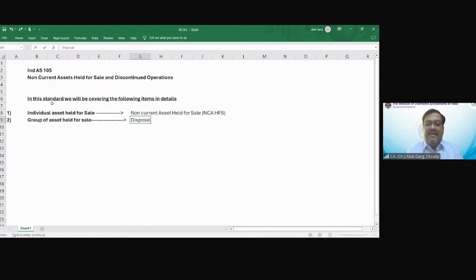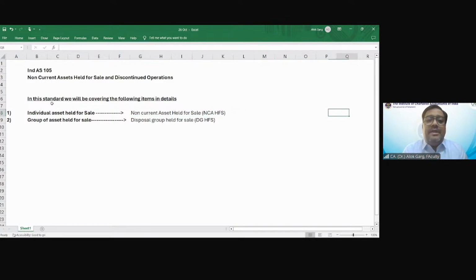Disposal group held for sale. In short form, it will be known as DGHFS. Disposal group held for sale, DGHFS in short form. Right?